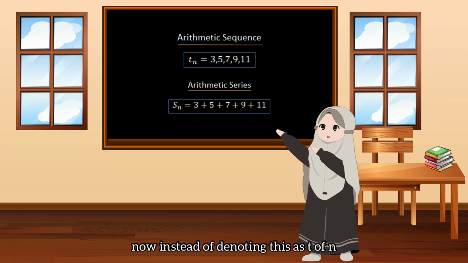Now, instead of denoting this as T of n, which represents the number of the term that we're on, we will denote a series with S of n, which we will use to represent the sum of all the numbers up to the nth term.